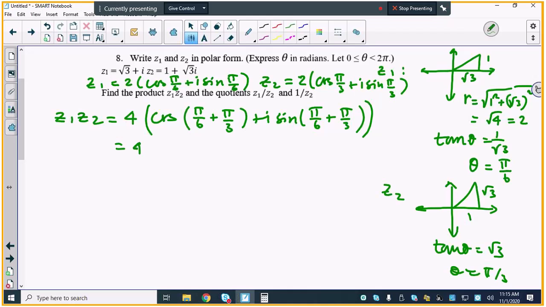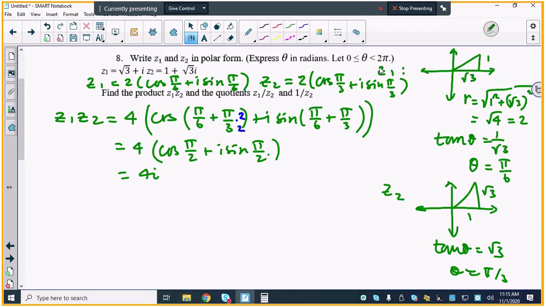So I get to multiply 2 on top and bottom of the second fraction, and I get pi plus 2 pi, which is 3 pi over 6, and then 3 cancels from the top and bottom and gives you pi over 2. So I'll simply say that this is cosine pi over 2 plus i sine pi over 2, the same thing. Cosine pi over 2 is 0, sine pi over 2 is 1, so I get 4i.